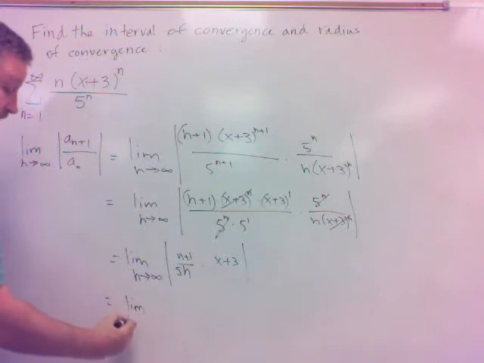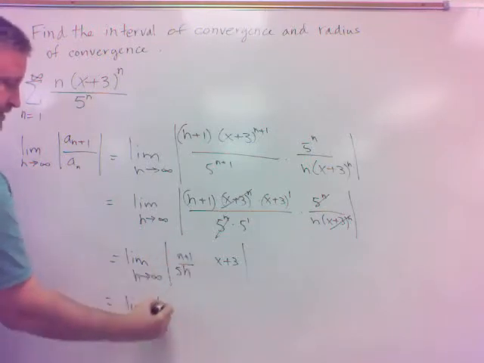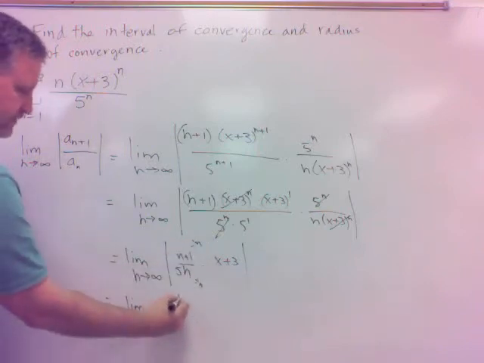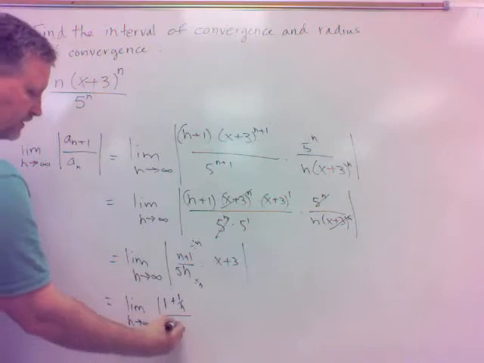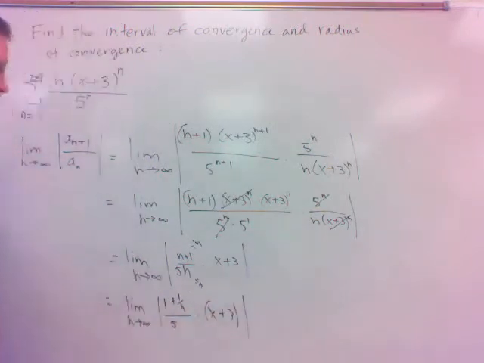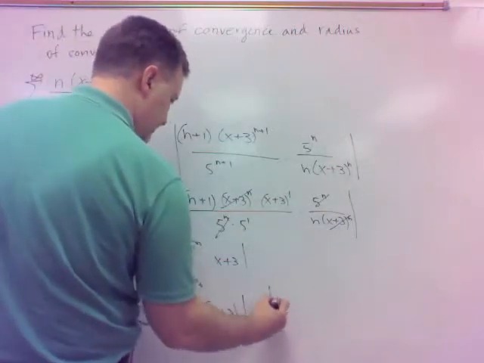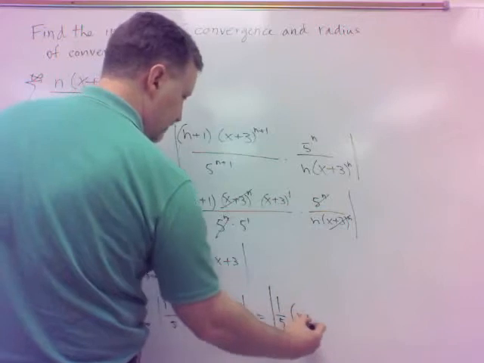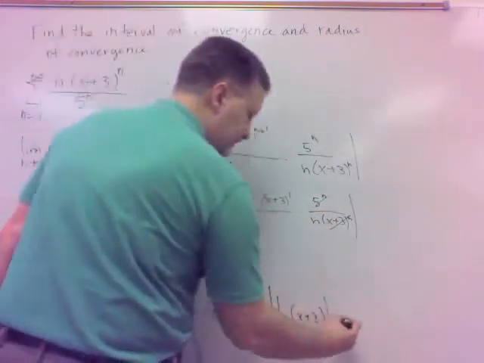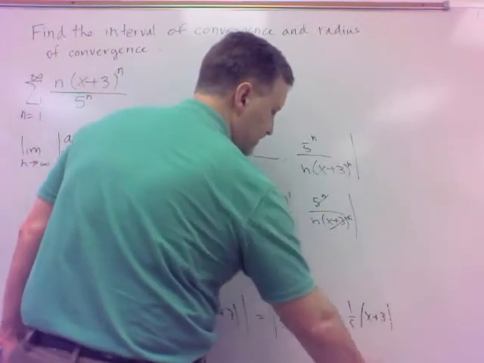All right, so this, as n goes to infinity, probably want to look at dividing that by n, right? So that would be 1 plus 1 over n divided by 5 times the x plus 3. So that's going to go to 1/5 x plus 3. Which you can pull out the 1/5 there out of the absolute values.